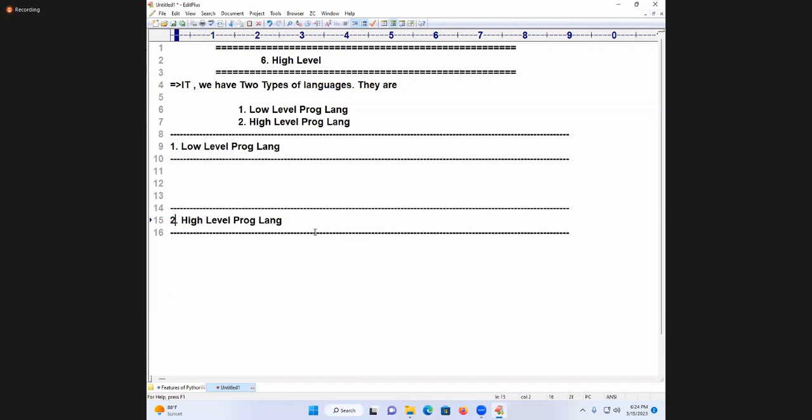High level programming language. Second one is, well, now I'm going to discuss one important point here.